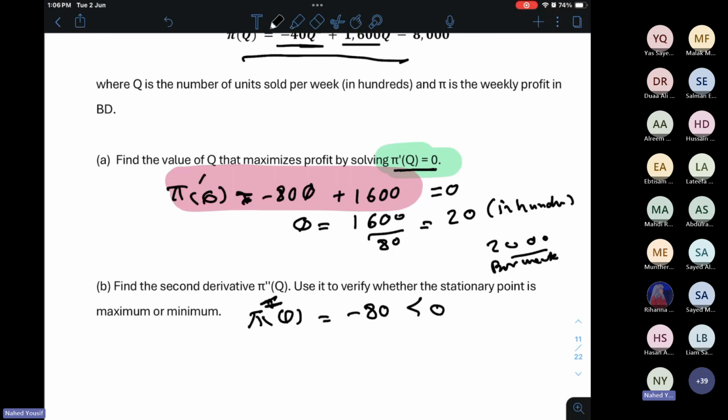So that means the stationary point which I got, q equal to 20, when the second derivative is less than 0, that means it is a maximum. So q equals 20 is the maximum point. Is that clear? So it gives us maximum profit.